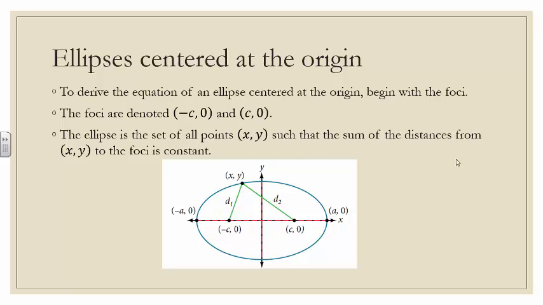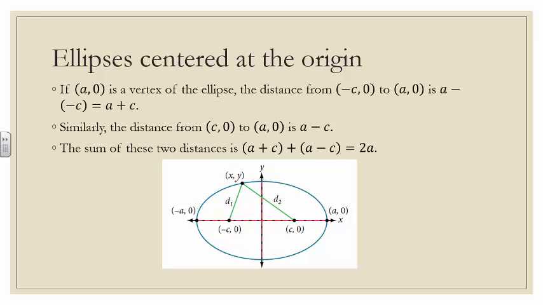Taking a look at the figure, we see our two foci denoted, we see our arbitrary point x, y, and we see our distance 1 and distance 2 highlighted in green. If there is a point a, 0 as a vertex of the ellipse, the distance from the focus point -c, 0 to the vertex a, 0 is a minus -c, which gives us a plus c.